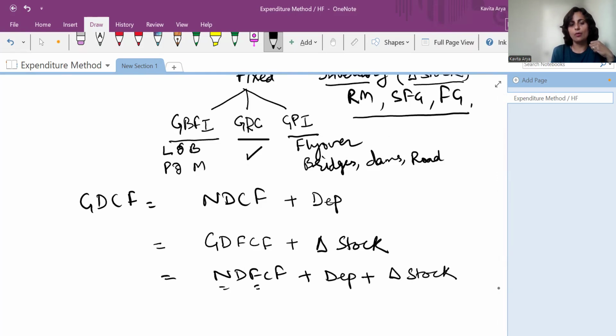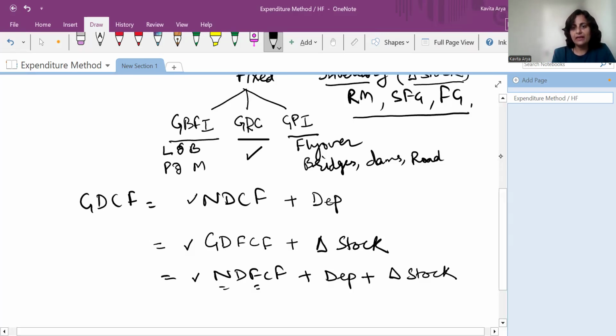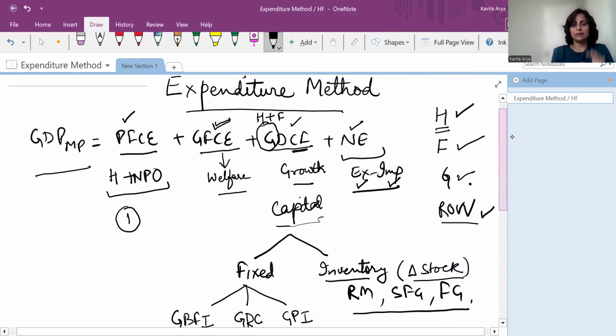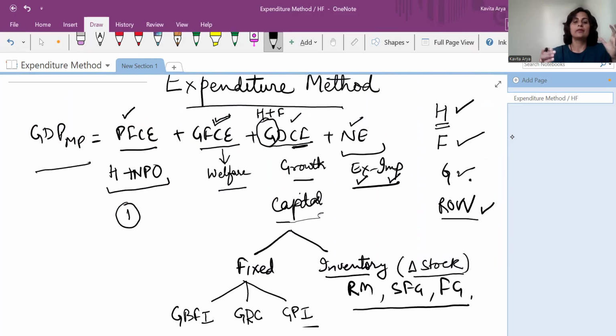And this is how we convert all other formats of NDCF, GDFCF and NDFCF into GDCF. So this way, when we are dealing with the method, we must have all four finalized. We see the contribution made by all the methods and then we club together to get GDPMP.